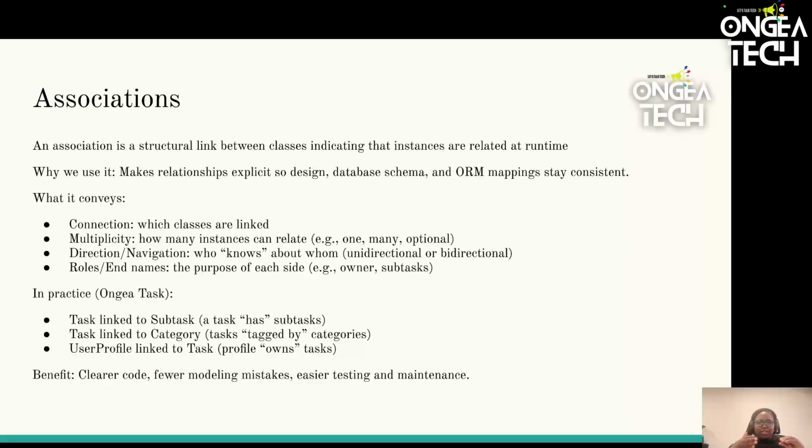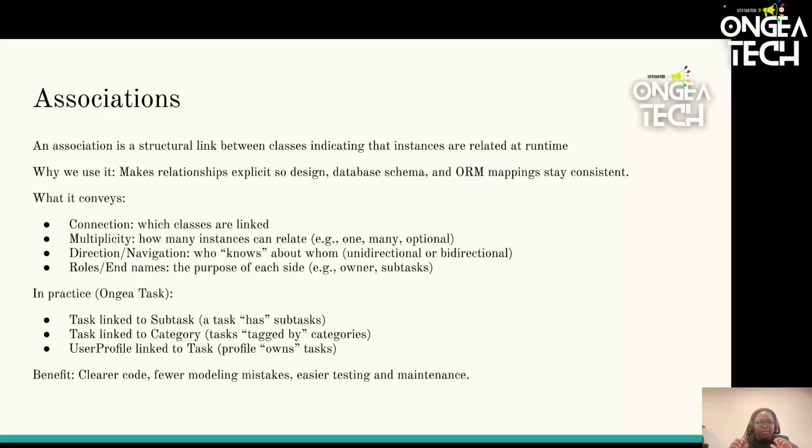And then in between, you can have things like has, owns or tagged. So you'd have parent has child, something like that, so that when you're looking at the diagram as a whole, it's easy to read and understand how these classes are related to one another.